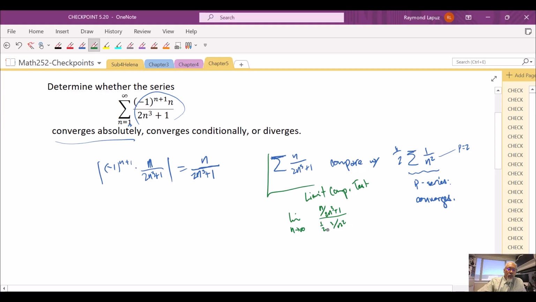The 1/2 makes this 1 over 2n squared, which may be easier to work with.